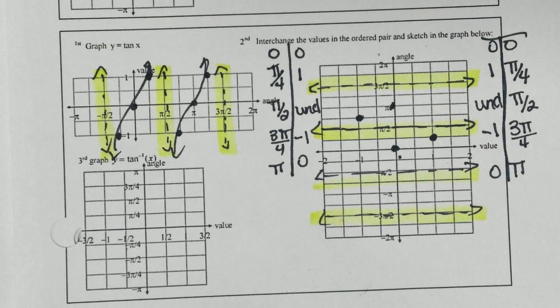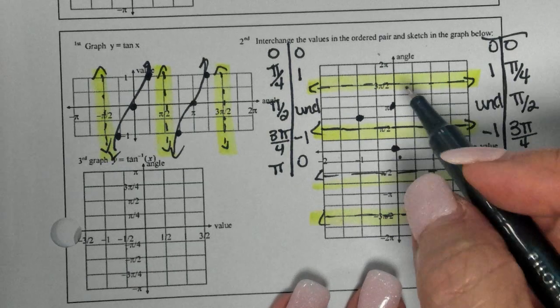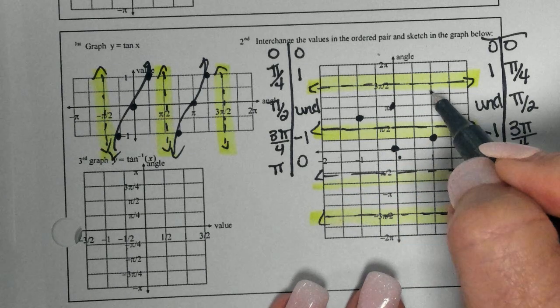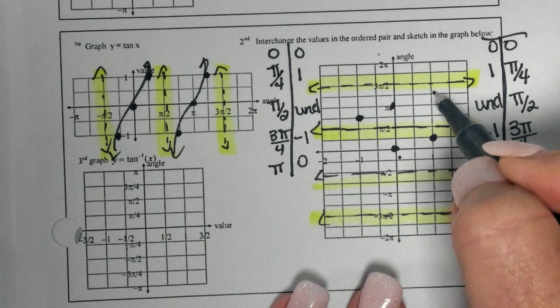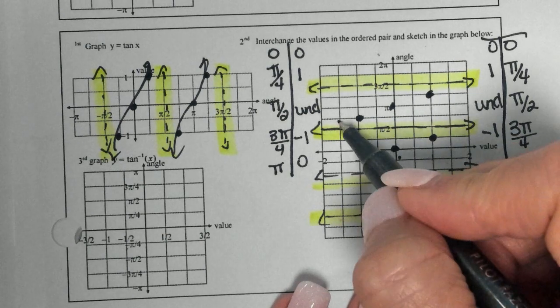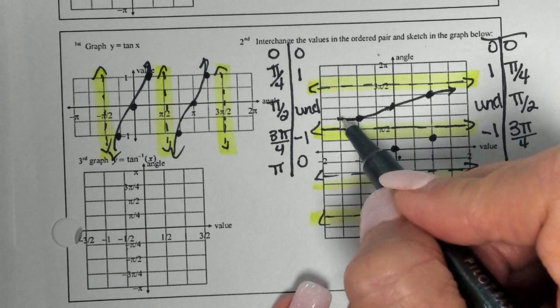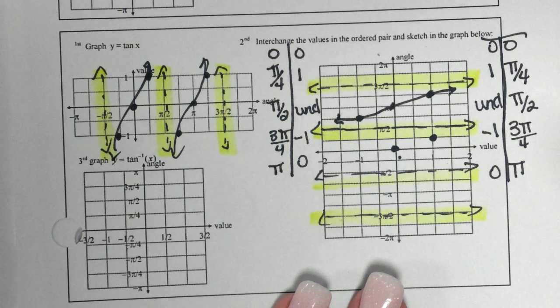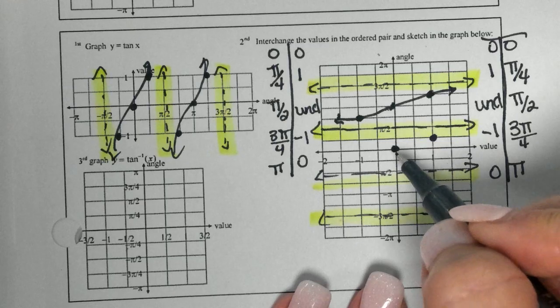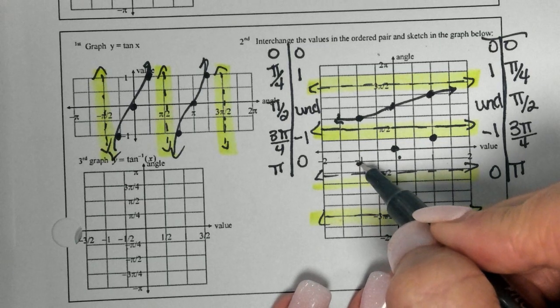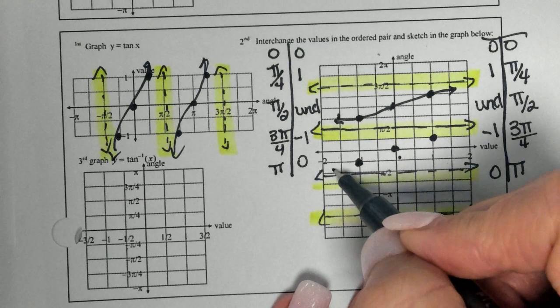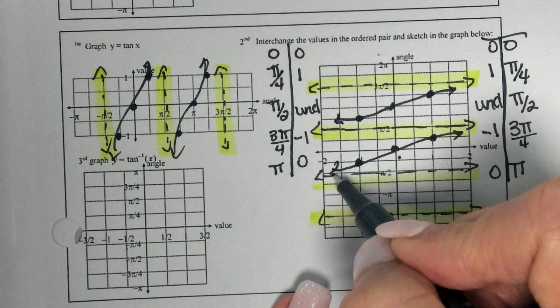Okay? So we've got two different little groupings that we started, but let's go ahead and complete that. And let's go back up to 1, and this would be 5 pi over 4. And we've got that tangent curve finished. If we go to -1 and negative pi over 4, we'll have that tangent curve finished.